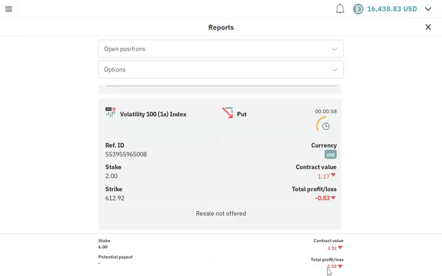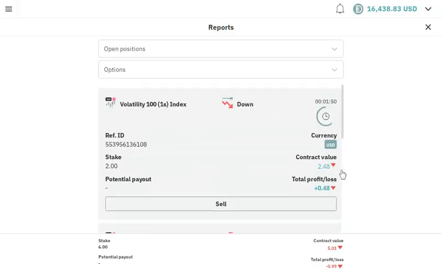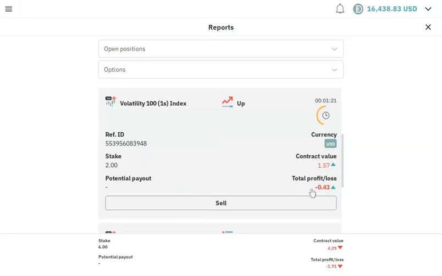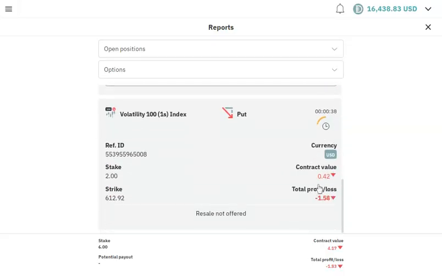We're at a loss of 0.70 USD, which is 77 cents. We staked this one for $2 and we're in a total profit of 0.54 USD. We staked this one $2 and we're in a loss of 0.47. And we staked $2 here and we're in a profit of 1.78 USD.